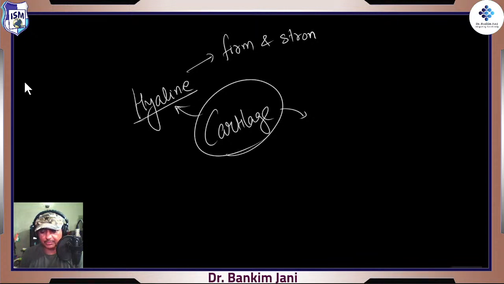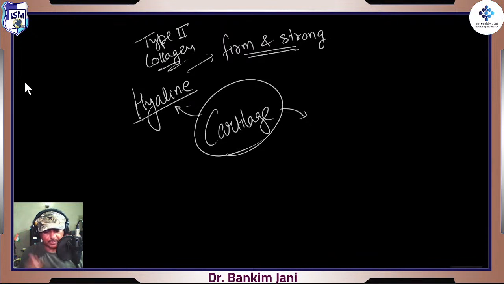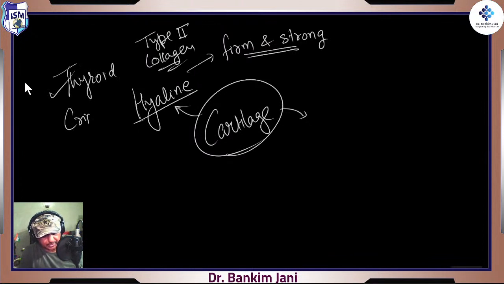So that means it will be used for the framework, so that the structure remains proper. And this is like type 2 collagen, because they are hyaline. And obviously we said the framework, so thyroid, done. Cricoid, sure. Arytenoid, definitely.